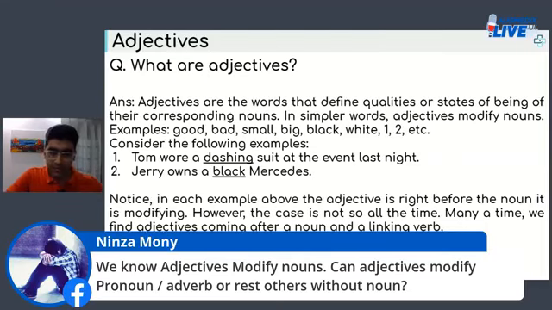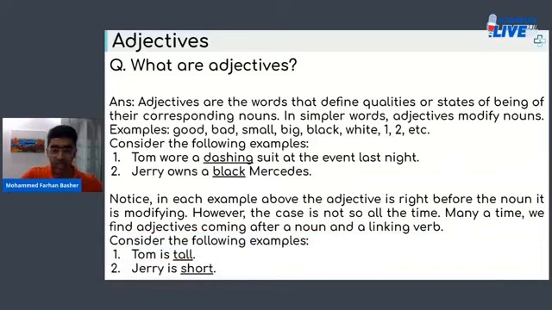No. Adjectives only modify nouns. Adjectives do not modify adverbs. Adjectives, however, at times could modify pronouns, but that's an exception. So for now, we should know that adjectives specifically modify nouns, right?